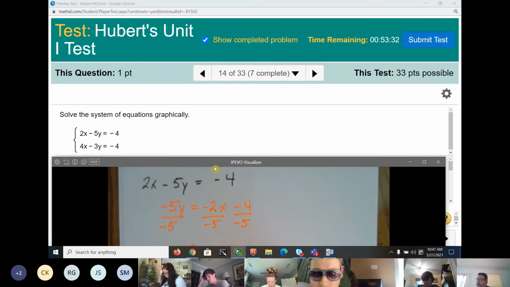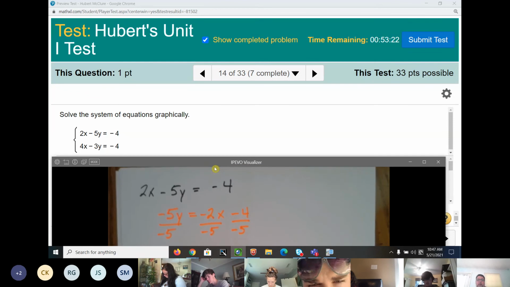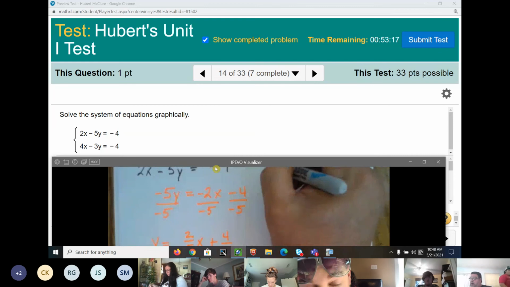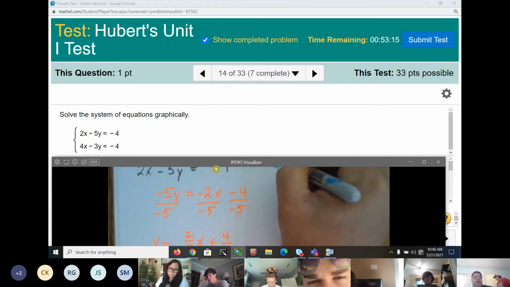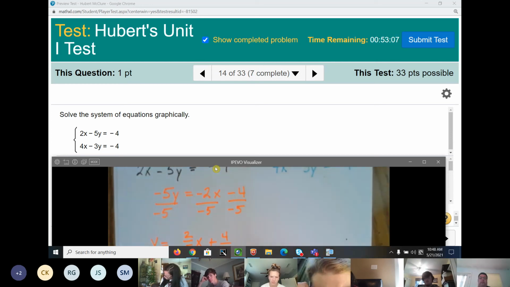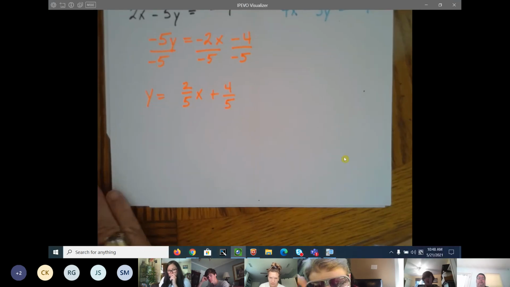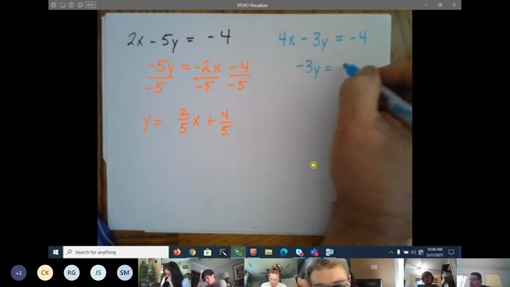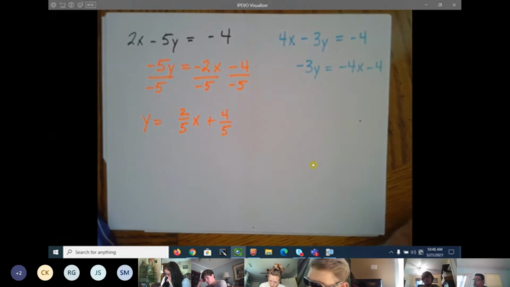Y'all check my algebra and make sure I did that right. And then blue, we're going to do blue. Let's go with 4x minus 3y is equal to -4. So -3y is equal to -4x minus 4.